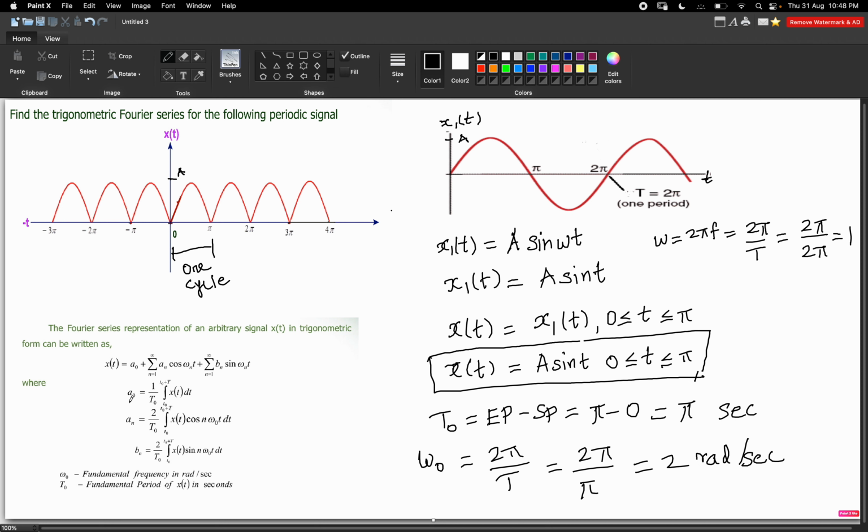Once you find a naught, an and bn, you can easily represent the given signal in Fourier series representation by just substituting the a naught, an, bn values in this formula. Okay, so if you want to check the value of x of t, you just substitute the values of t. For example, if t is equal to 0, sin 0 equals 0, so a into 0 equals 0.